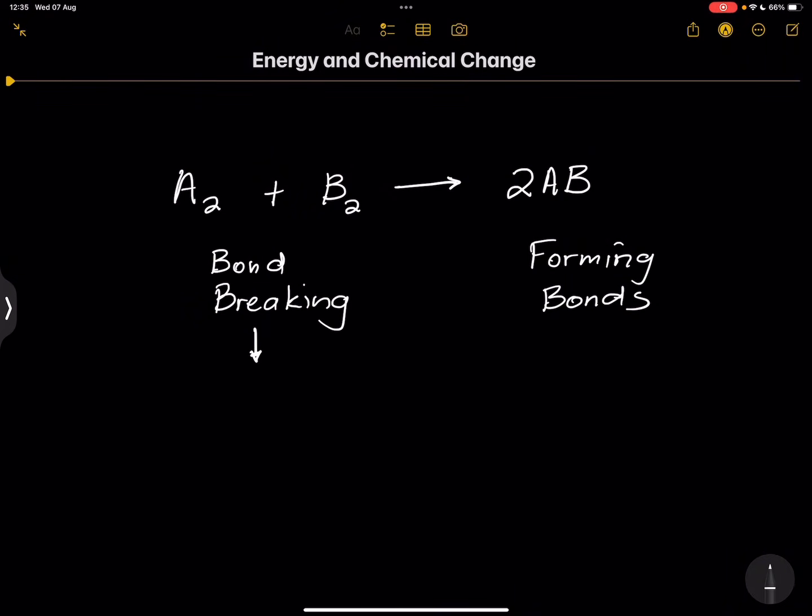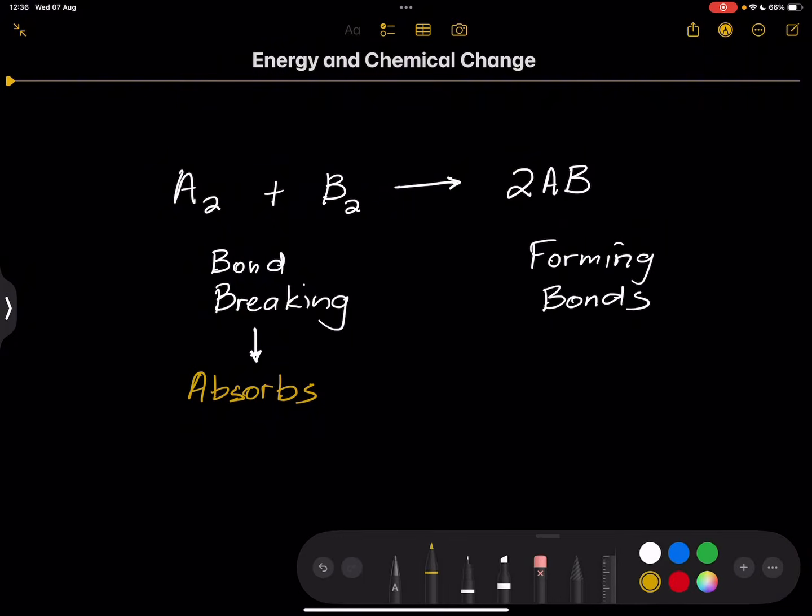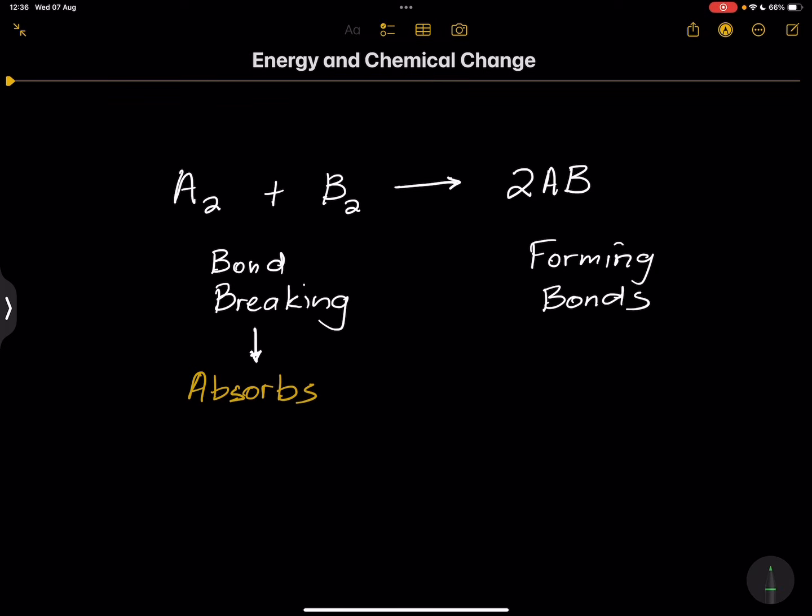This will actually absorb energy in order for us to break those bonds. But now the process of bond formation: once bonds are formed, energy is released. So we know this will actually give us energy.